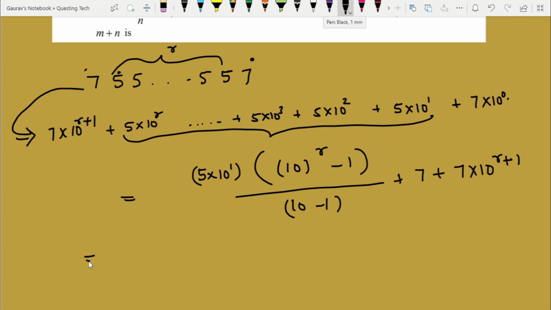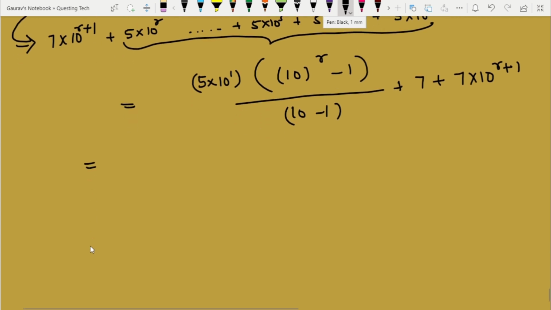So if we simplify this expression, we are going to get 50 divided by 9 multiplied by 10 raised to power r minus 1 plus 7 plus 70 multiplied by 10 raised to power r. So we can combine this 10 raised to power r and put this number in a more simplified manner. Yes, we can.